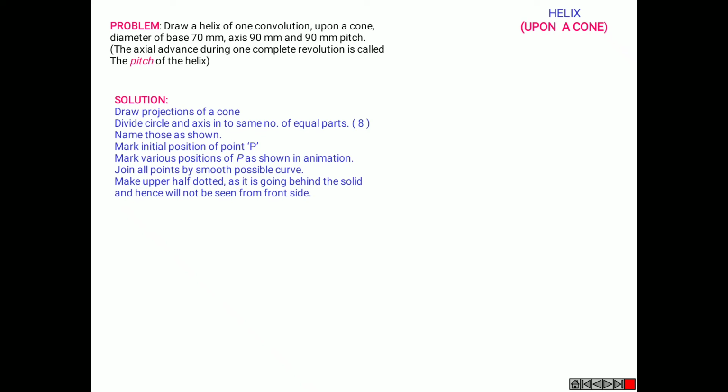Join all the points by a smooth curve and make the upper half dotted, as it is going behind the solid and hence will not be visible from the front side, and make the lower half a straight dark line since it is visible to you.